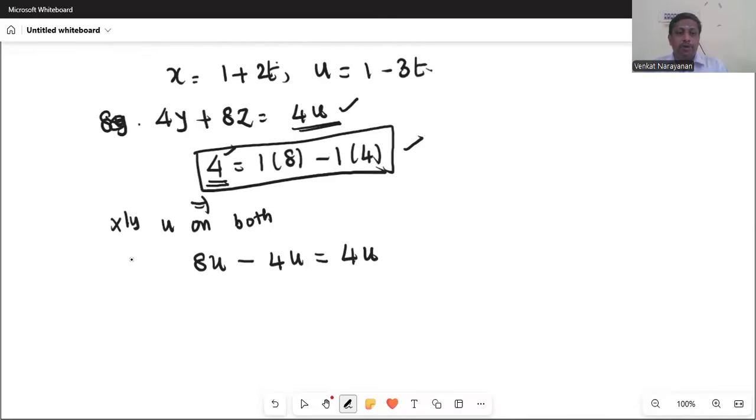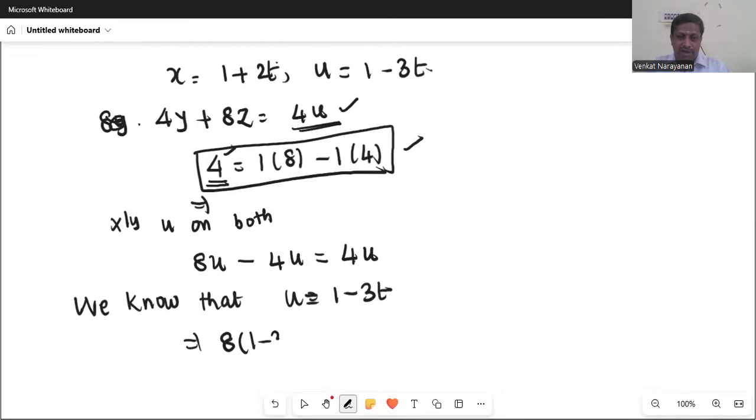U is 1 minus 3t. Therefore, the equation becomes 8 times (1 minus 3t) minus 4 times (1 minus 3t) equal to 4 times (1 minus 3t).